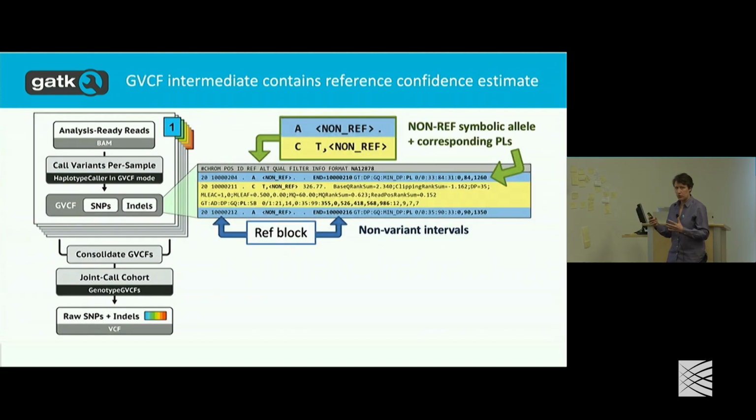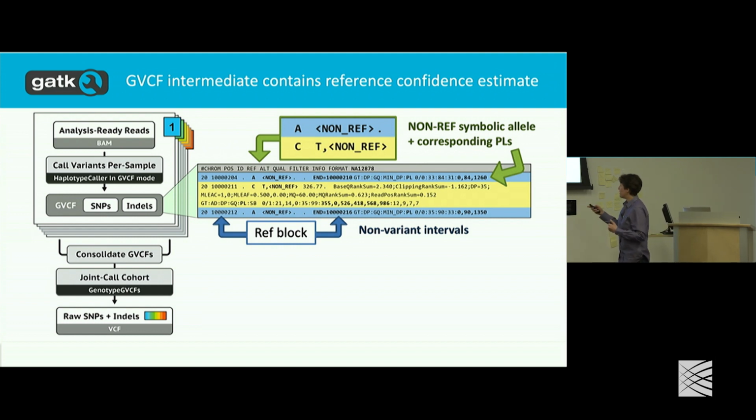To show you a little bit more detail about what the GVCF contains, what haplotype caller is producing in GVCF mode is this fairly large file. It is a VCF file of a particular type, and it has the usual, in yellow you see the usual variant call records, where at this particular site we found that there was a possible T allele variant.